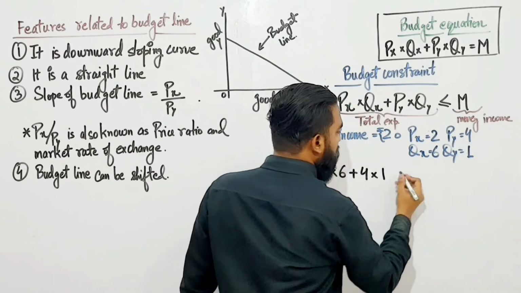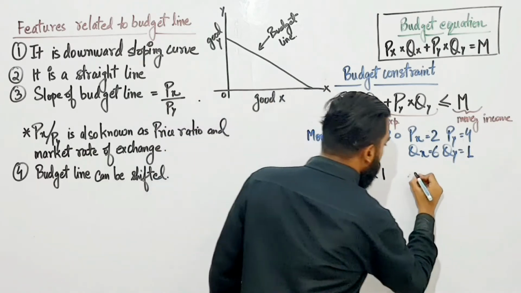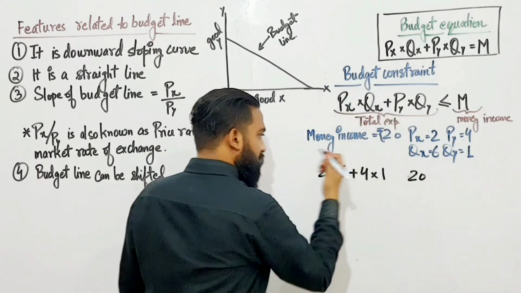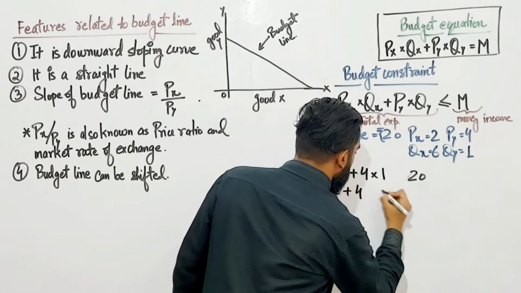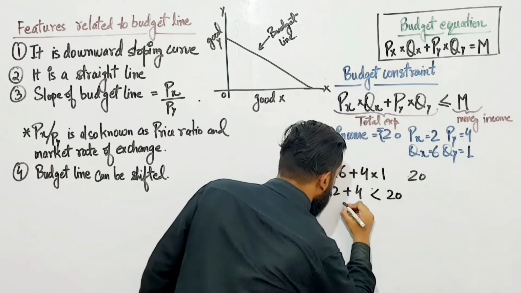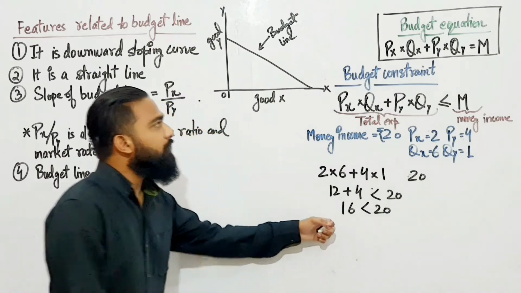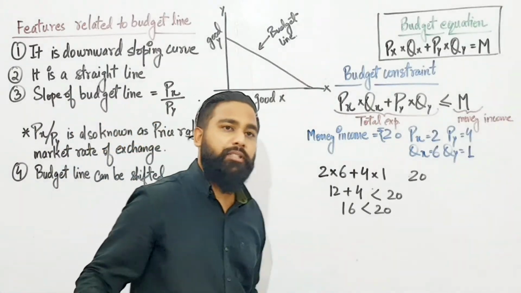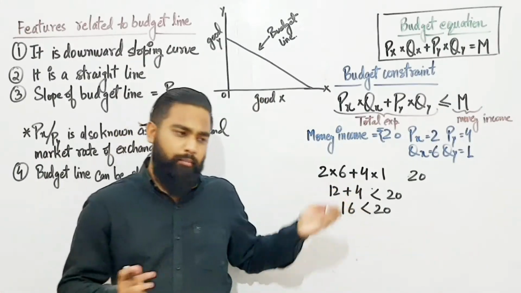It must be equal to or less than the money income. The money income was 20. Let's find out. This is 12 plus 4, which is less than 20. 16 is less than 20. So this is the budget constraint. Under the budget constraint, the total expenditure can be equal or less than the money income.